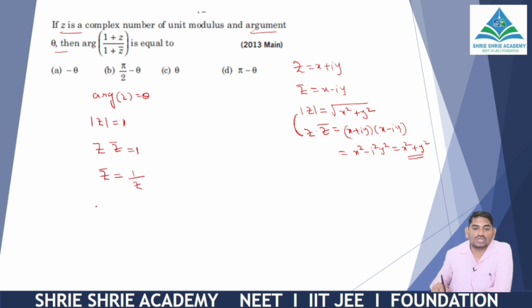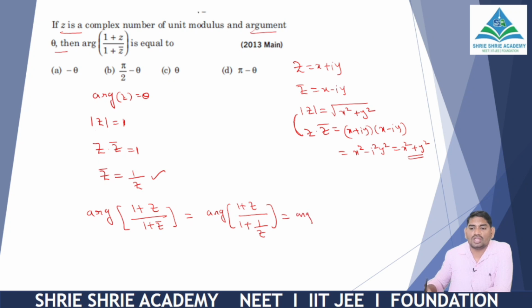See the question, they gave the argument of 1 plus Z upon 1 plus conjugate of Z. We can write the argument of 1 plus Z, numerator as such, denominator 1 plus conjugate of Z. The conjugate of Z we can replace with 1 by Z. So we can write the argument of 1 plus Z upon 1 plus Z all divided by Z. So 1 plus Z got cancelled.